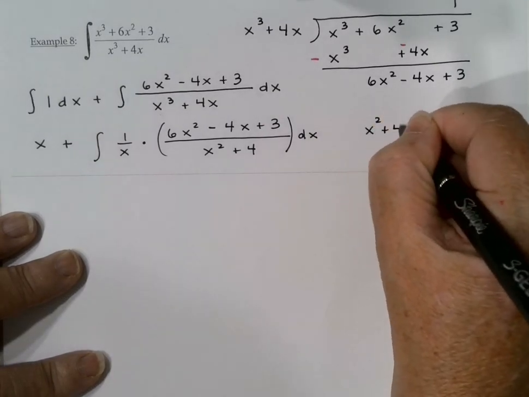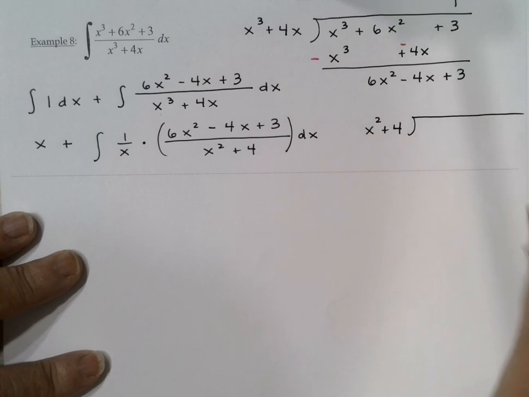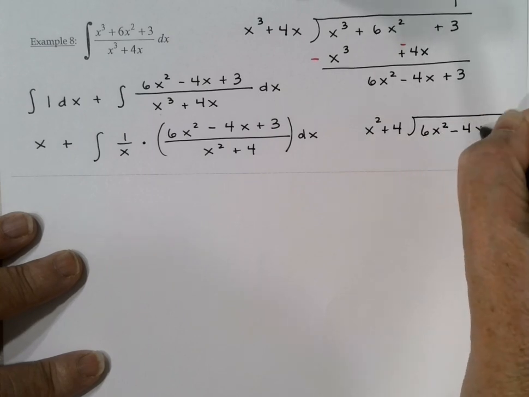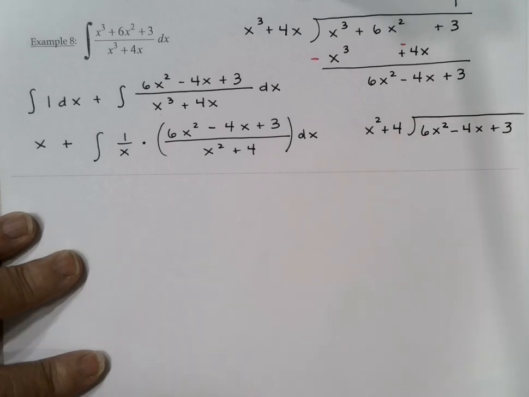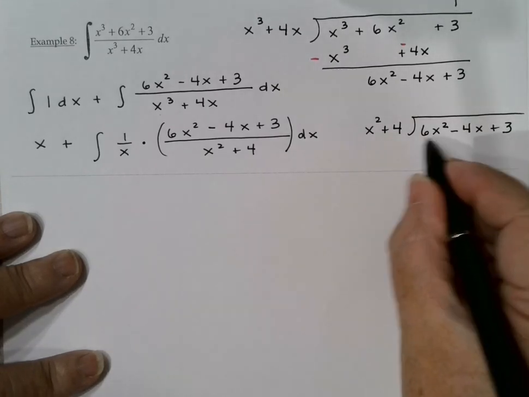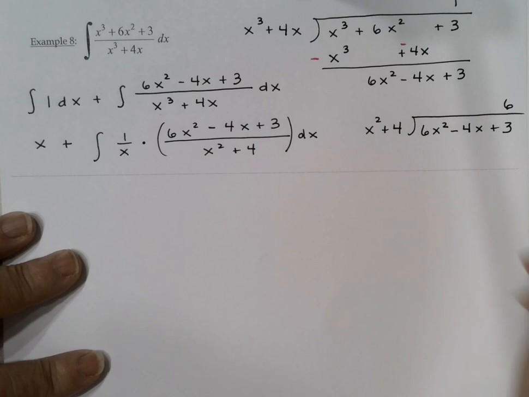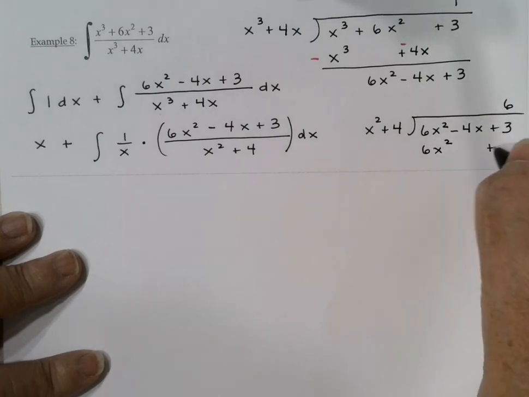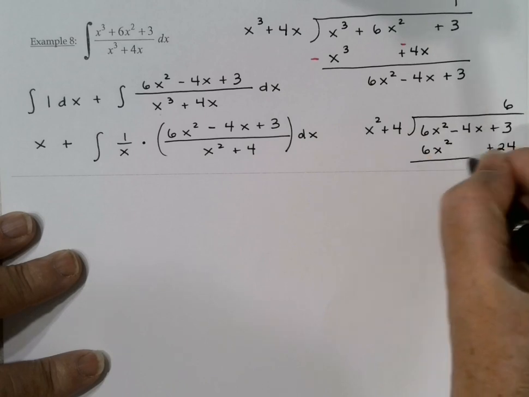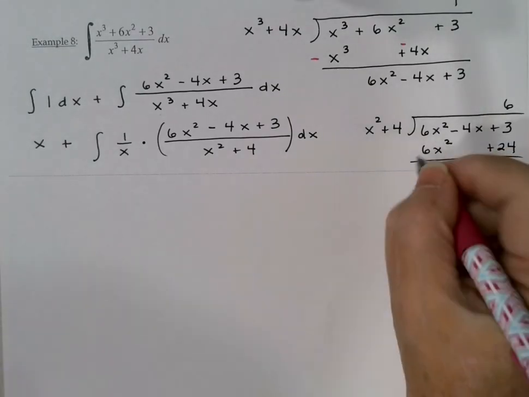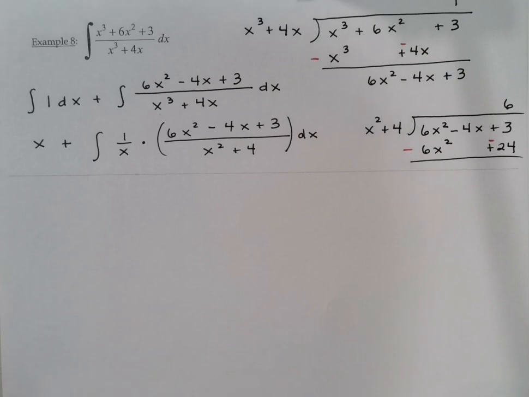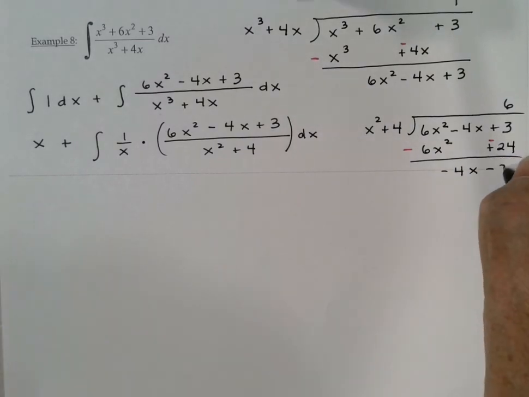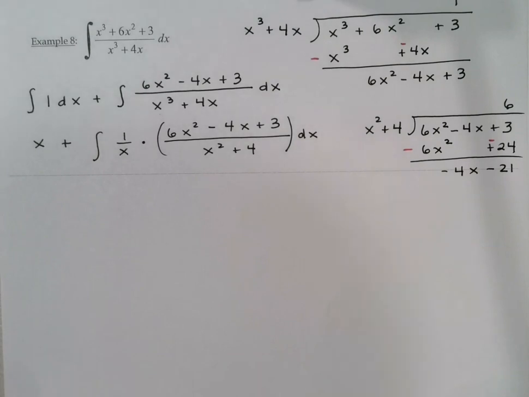X squared plus 4 divided into 6x squared minus 4x plus 3. Dividing here is going to give me 6. And when I multiply, 6x squared plus 24. I have to subtract. So my remainder is negative 4x minus 21.